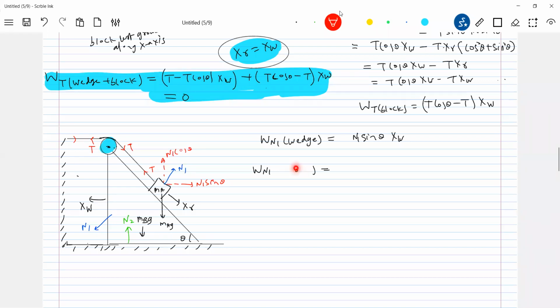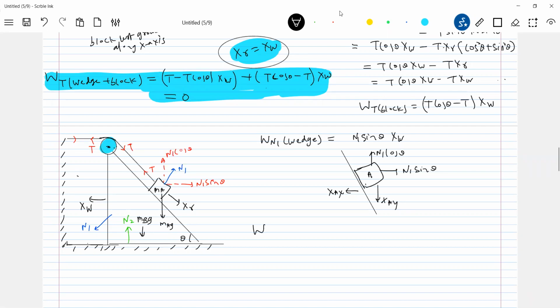So here I think I'll give one small diagram because you can't imagine everything. The block, you know, XAX is like this and XAY is like this. N1 sine theta is like this. N1 cos theta is like this. Now easily you can write the equation.